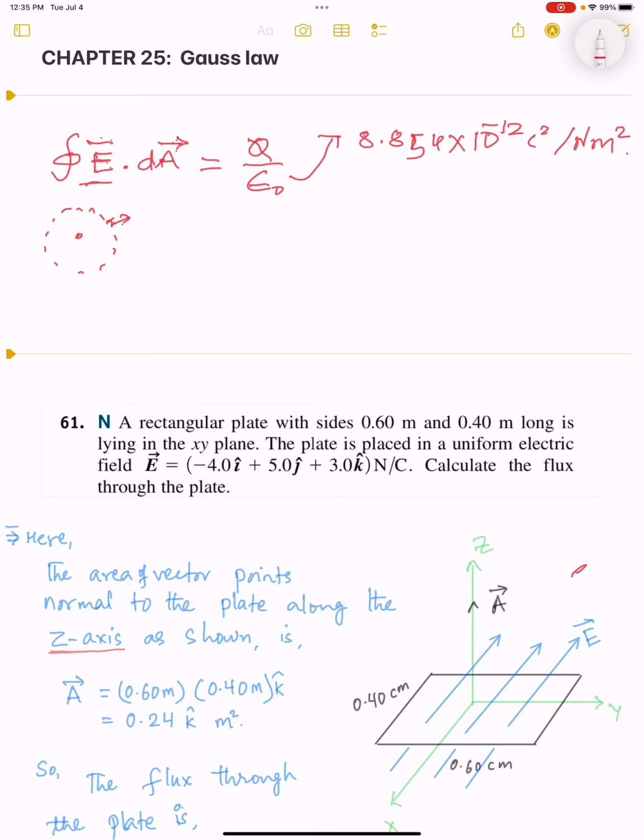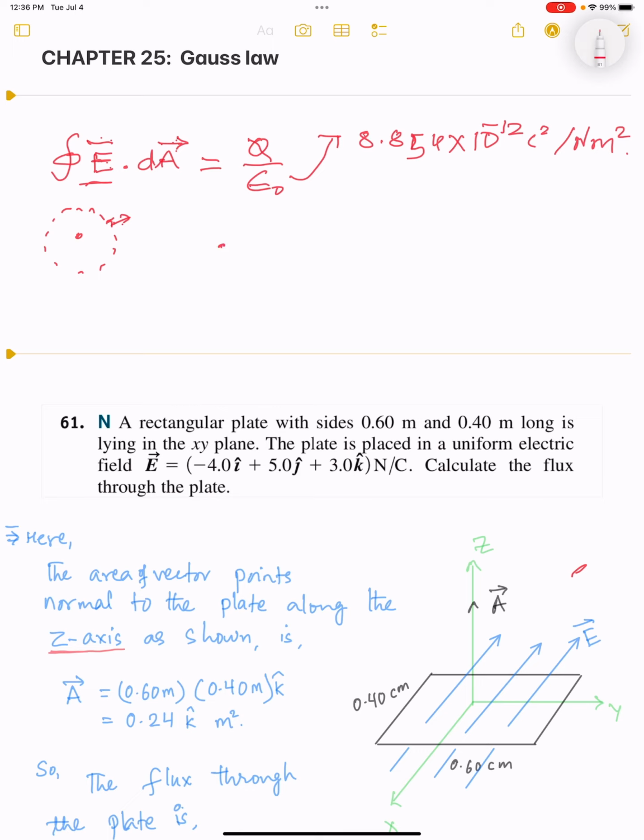So the surface integral of the electric field over the Gaussian surface will be equal to the net electric charge of the point charge divided by the permittivity of free space. Similarly, to calculate the electric field of a uniformly charged sphere, you can use Gauss law to construct a Gaussian surface that is a concentric sphere with the charged sphere.